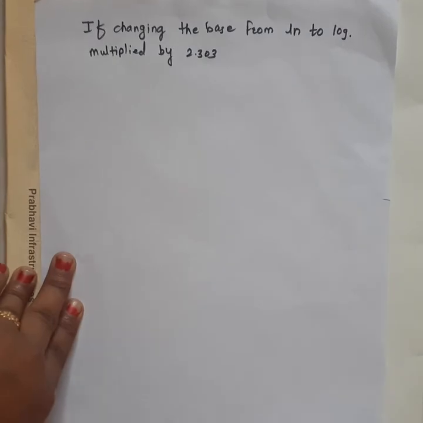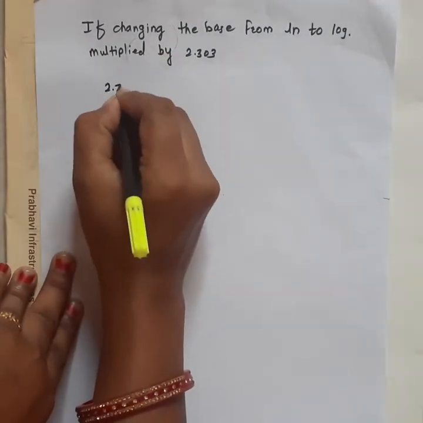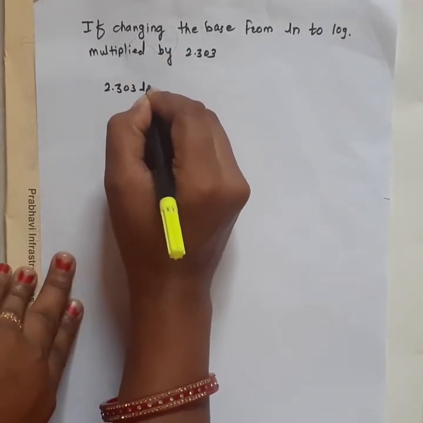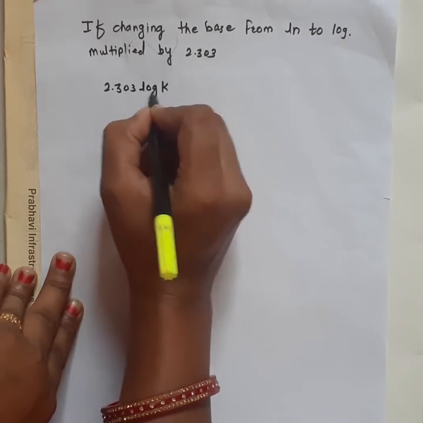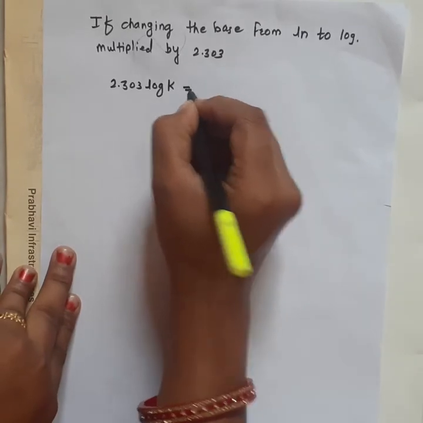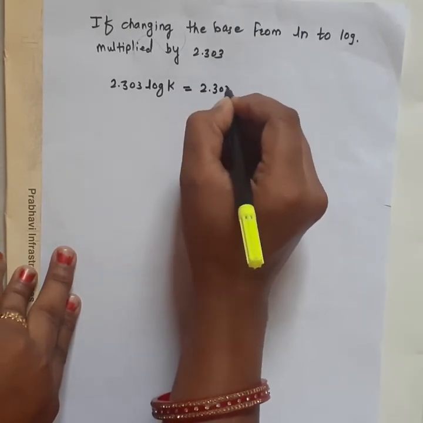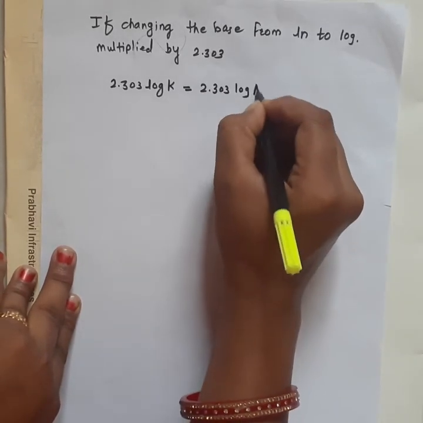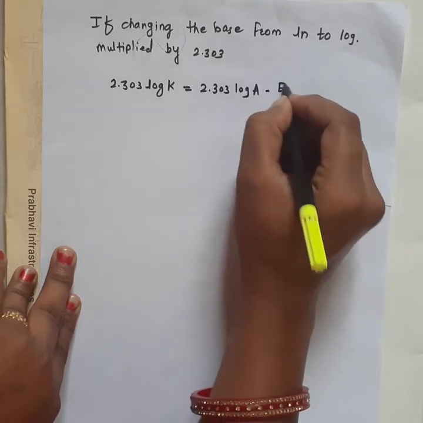So 2.303 log k, ln k gets converted into log k by multiplying by 2.303. 2.303 log k is equal to 2.303 log A minus Ea upon RT.